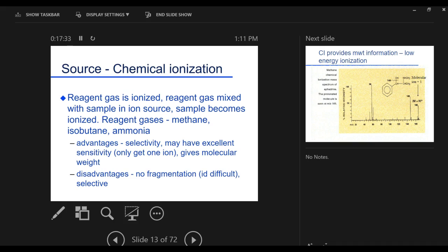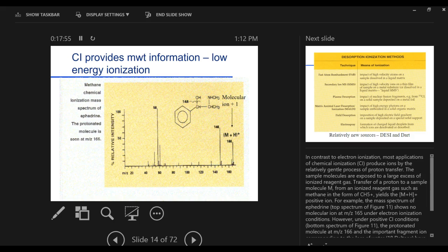It helps me in looking for information. In some cases, having no fragments is a problem, but we get molecular weight. So it's kind of pros and cons. I get a molecular weight but not fragments. By electron impact, I get fragments but no molecular weight. So again, you try different approaches. What should I use? What gives me the best data?